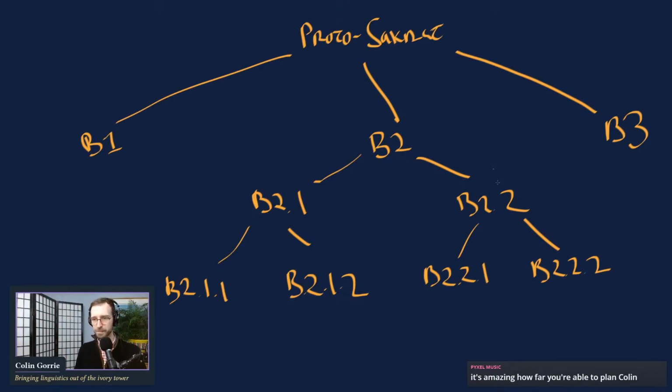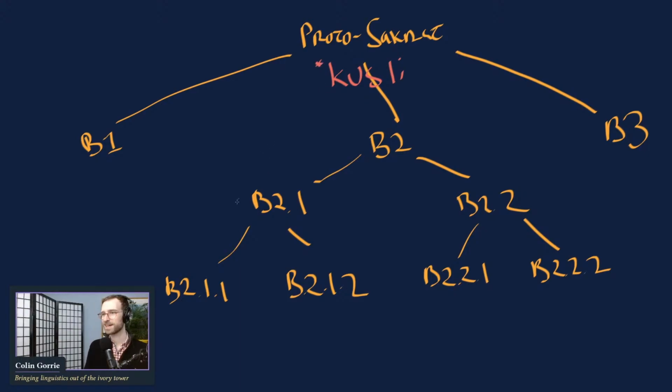And so let's take an example word to show what's happened in each of these. So let's take our word for C, kusli. And so in Proto-Sakrat we have kusli. Sorry about the overlap there. That's our proto form. And then in B1 we have so far relatively unchanged kusli.